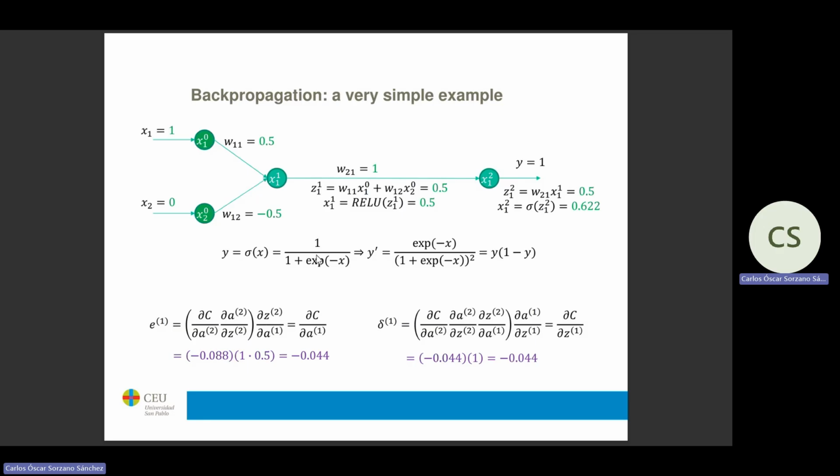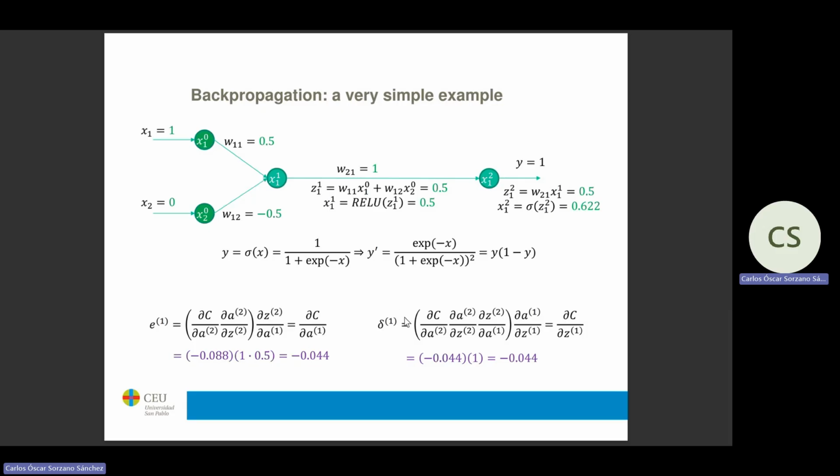But there is just one weight there, that is this W21. So it will be W21 times the input to that layer. Okay, so we have it there, and it is this one.